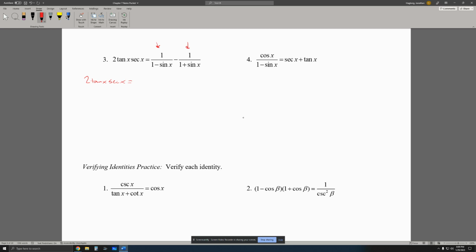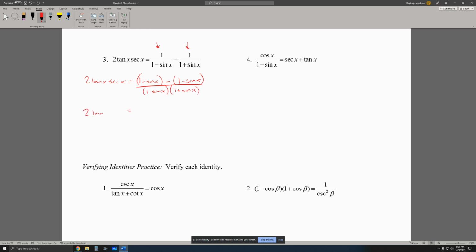Okay? So what we have is 1 plus sine x, and then minus 1 minus sine x. Don't forget those parentheses. And this is over 1 minus sine x times the quantity 1 plus sine x.